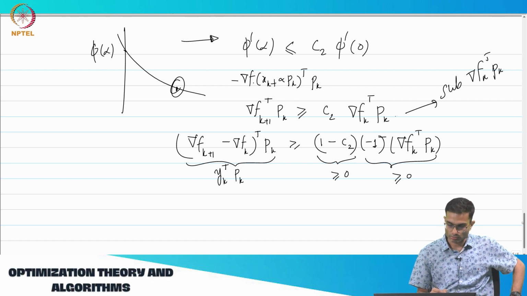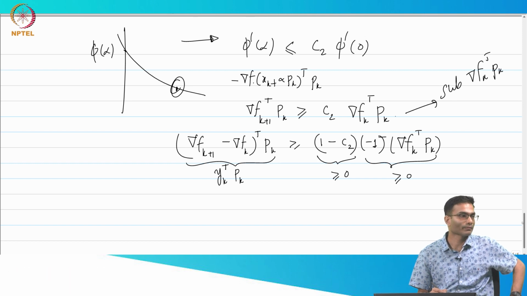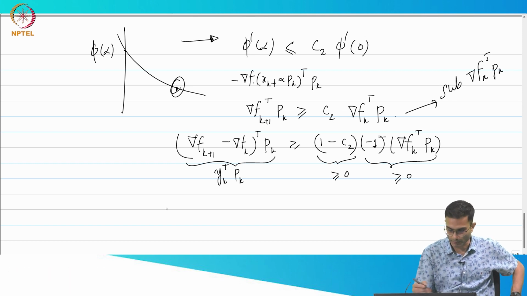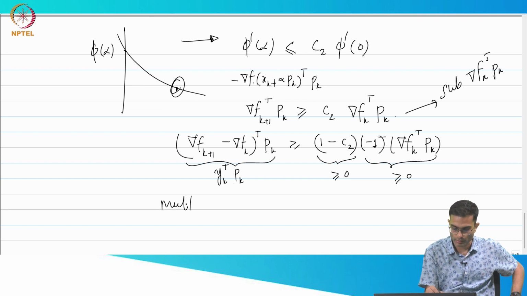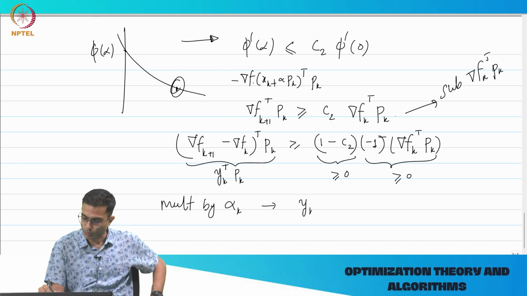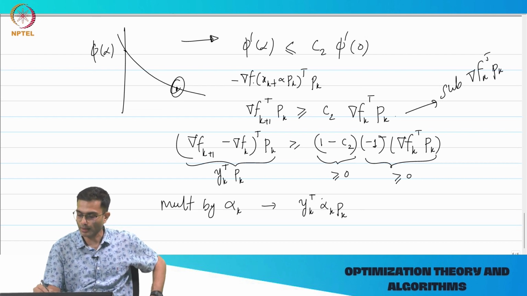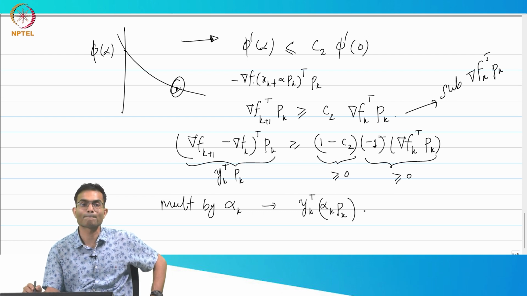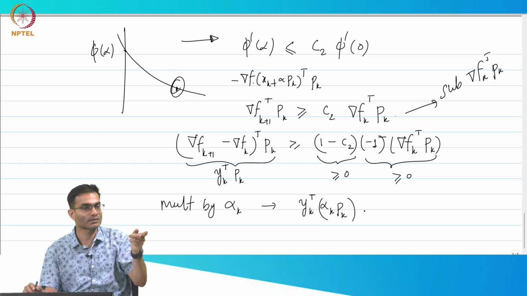So if I multiply this by a positive number alpha k, what will I get? I'm going to get yk transpose alpha k pk. But alpha k pk is nothing but xk plus 1 minus xk, which is sk.